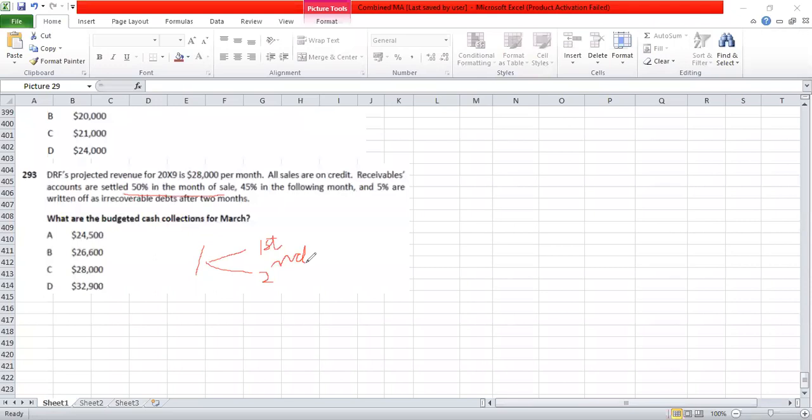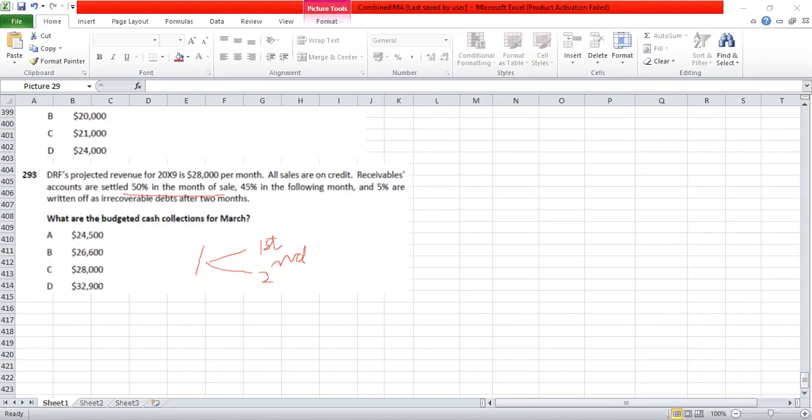Here, of course, the previous question very specifically mentioned when the sale happened. But here, if for the month of March the sales are made, 50% of March sales will be collected in March, 45% in April. So this is forward looking, but we want not when it would be received, but how much is received during this month.